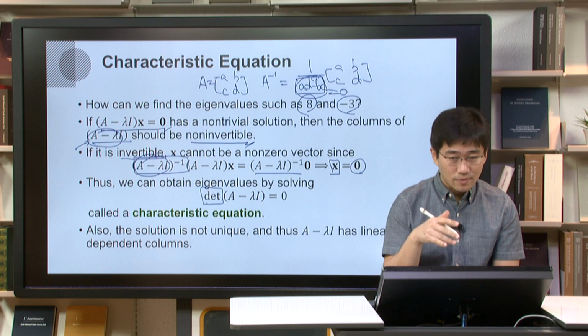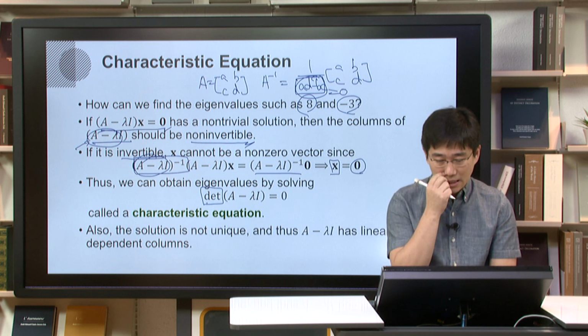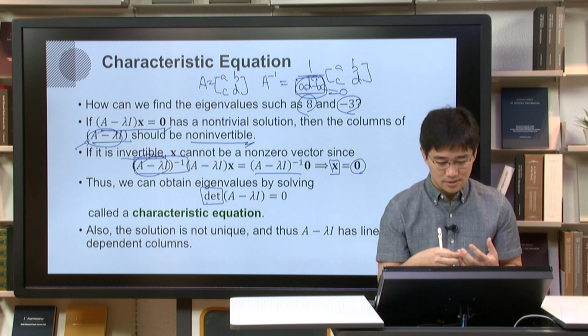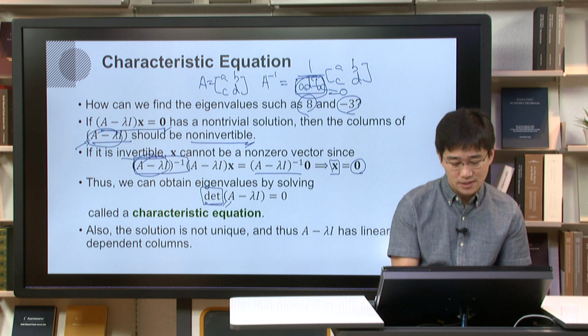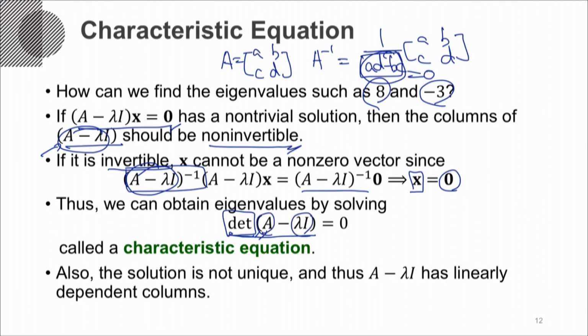This kind of criterion to determine whether matrix A is invertible or not can be defined for larger matrices, more than 2 by 2. That is called the determinant, and the determinant of A minus lambda I should be 0, so that this kind of denominator becomes 0. In that case, matrix A minus lambda I will not be invertible. So our eigenvalues should satisfy this equation, and this equation is called the characteristic equation.